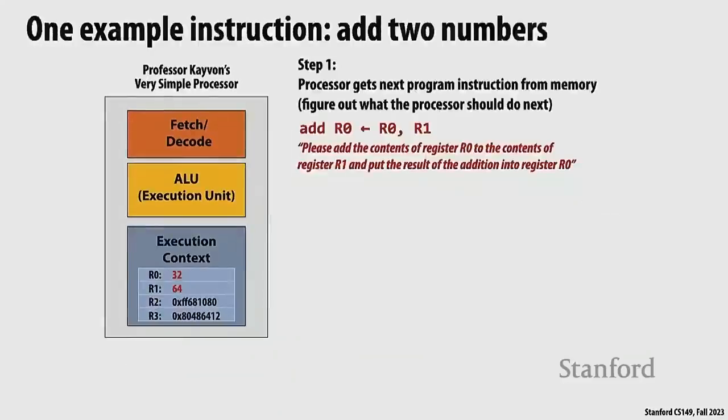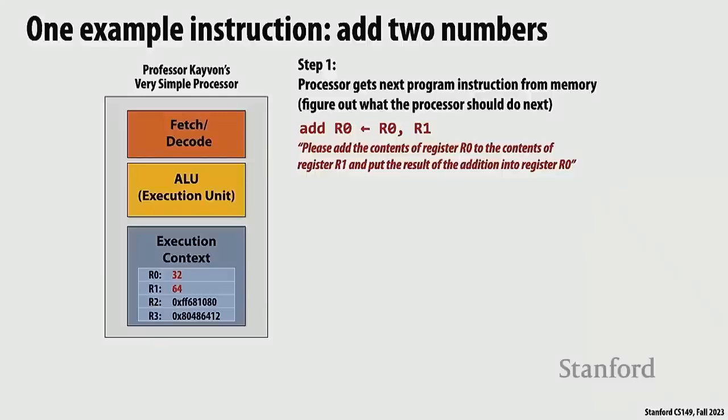For example, if I have a simple instruction like add the contents of R0 and R1 and put the result in R0, that processor will reference the two, R0 and R1. See how it's in red here? It will do the math. It will compute what? Yes, and what is that?